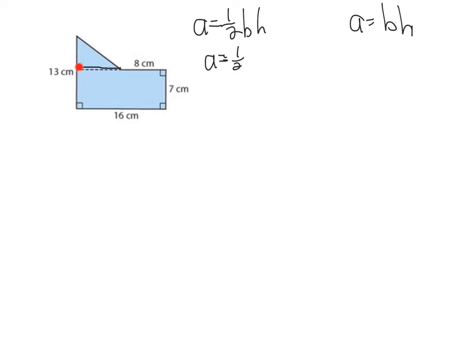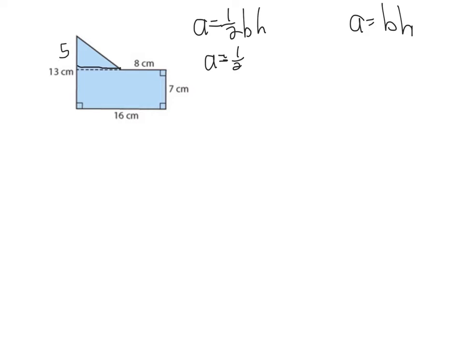So if the whole side is 13 and this part is 7, I subtract 7 from 13 to get the balance. That tells me the height of this triangle is 5 centimeters.